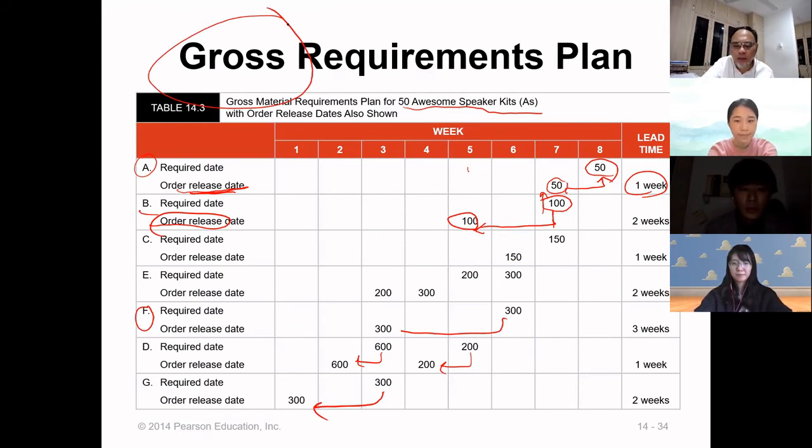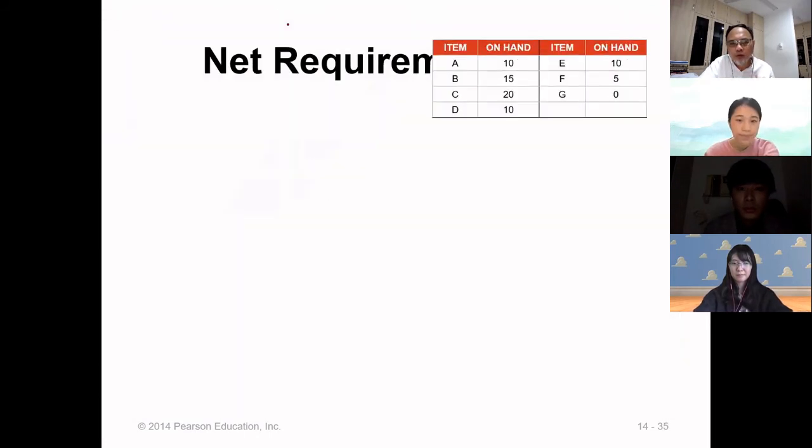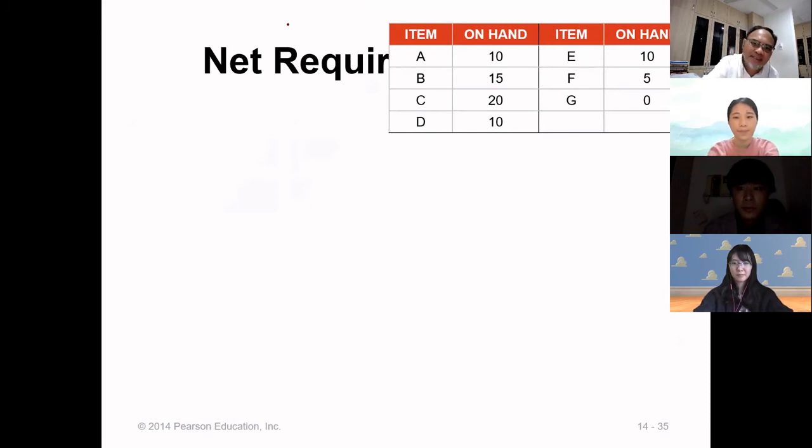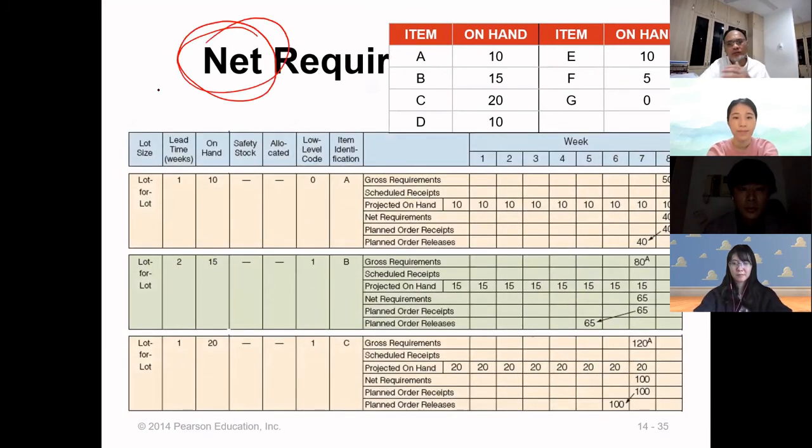Gross is overall, total. So if you go to the next level, which is what we call net, the difference between gross and net is we are going to take into account our inventory on hand, as well as purchased items, whether they are coming into the system because of our ordering.